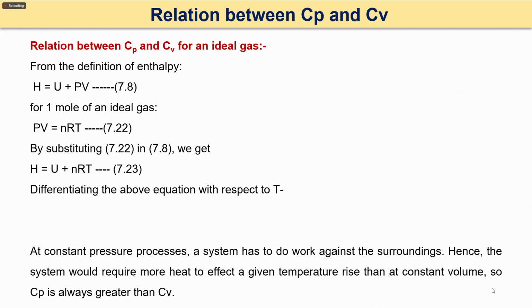Okay, let us now derive the relationship between your Cp and Cv. We know that enthalpy H equals U plus PV. We also know that for 1 mole of an ideal gas, PV is equal to nRT.